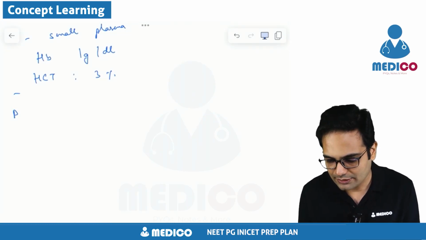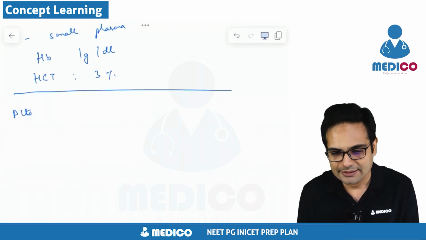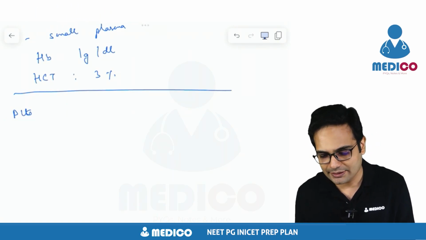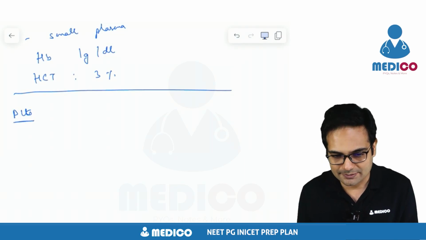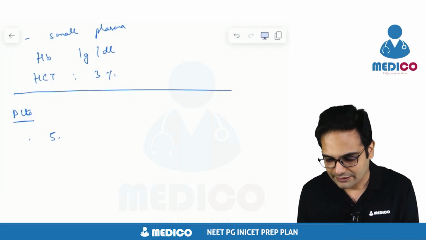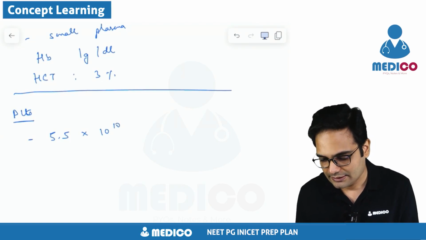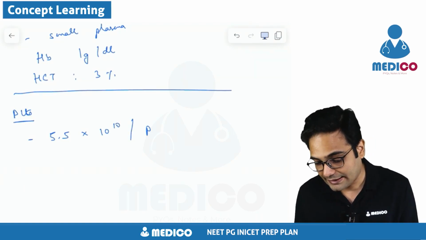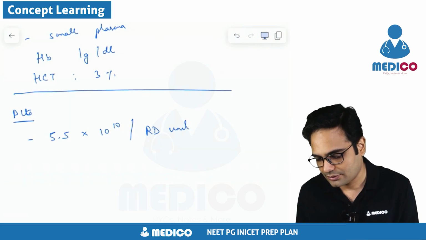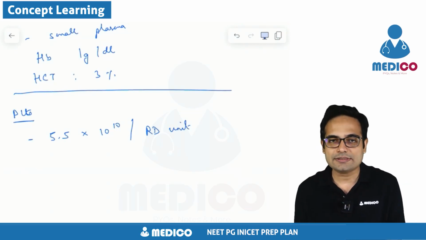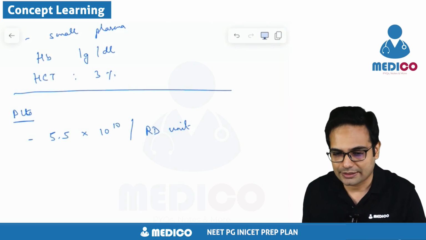Next, we have something called platelets. You would have seen that this is being given in dengue patients. Platelets contain 5.5 into 10 to the power 10 platelets in a random donor unit. So when you are using random donors, you're going to get this quantity of platelets.